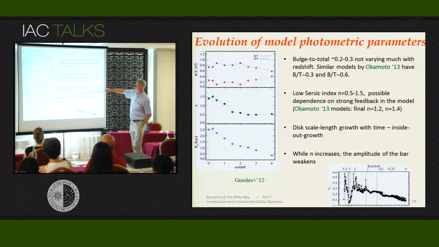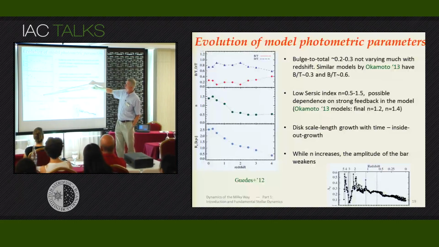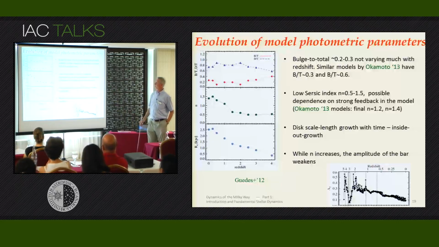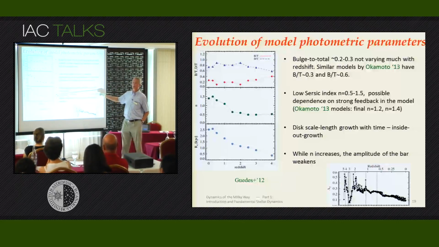One is, if you look at this diagram here, you can see how the disk scale length in such a simulation increases as you go forward in time, from a very small value at a redshift of 4 here to something like a Milky Way type value at redshift 0. So this is again the inside-out growth.